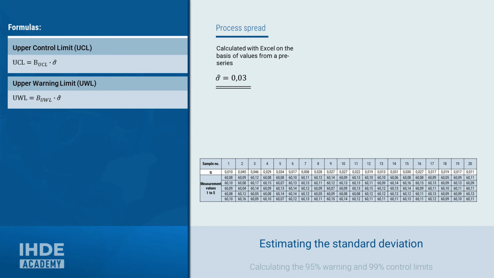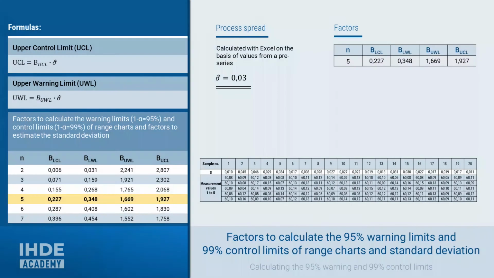In the first chapter, we calculated the standard deviation for all 50 measured values using the MS Excel function stdev.s and rounded the result to 0.03 mm. As has already been said several times, values for the B factors are taken from tables as they can be found in the relevant literature or on the internet.